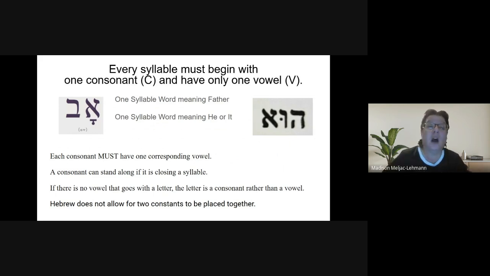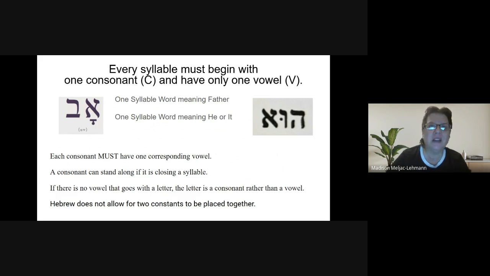Avi can also mean my father, or I am a father, depending on how we're looking at it, but in Israel it can just be a guy's name. In fact, my husband's name is Avi. His Hebrew name is Avi. But we have one syllable here, a one-syllable word, because we only have one consonant, one vowel, and one consonant.